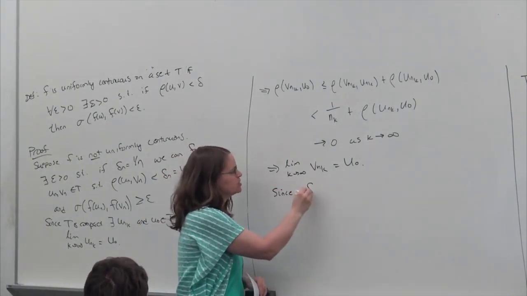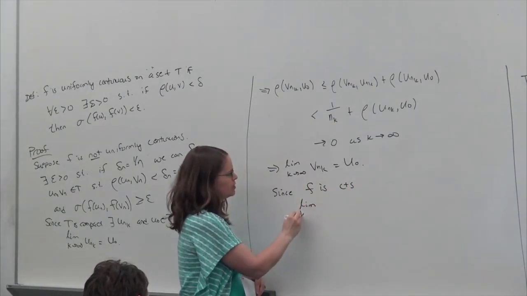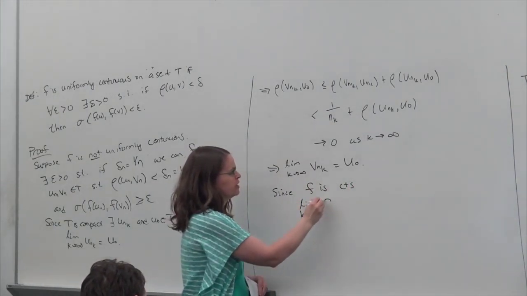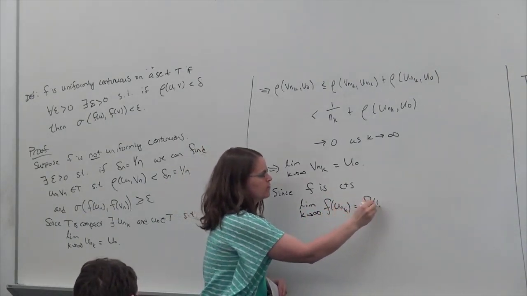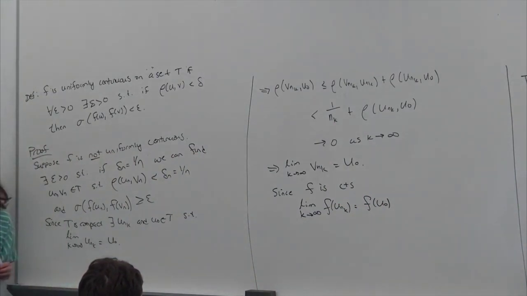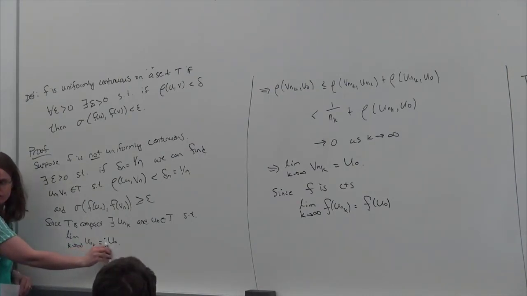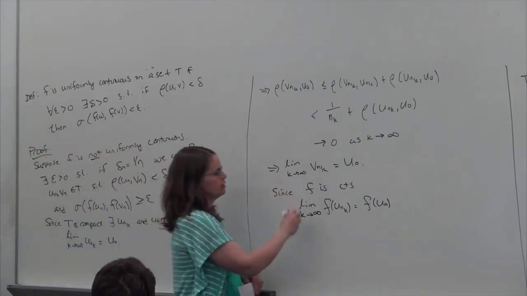So since f is continuous, the limit as k goes to infinity of f of u_k equals f of u naught. That's one of our ways of characterizing continuity, that if I have a sequence like this, I can stick an f in front of both sides of these and it's still true. And I can do the same thing here.